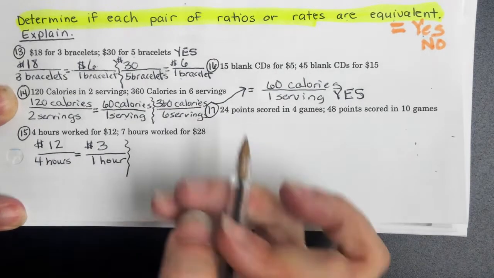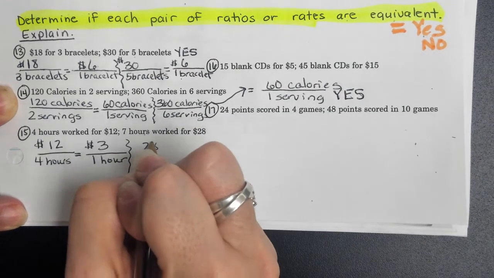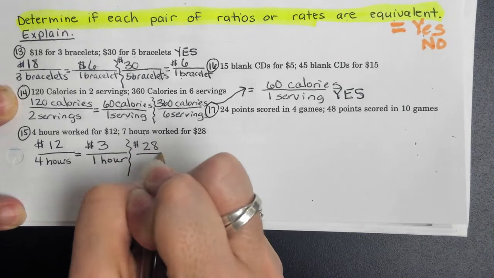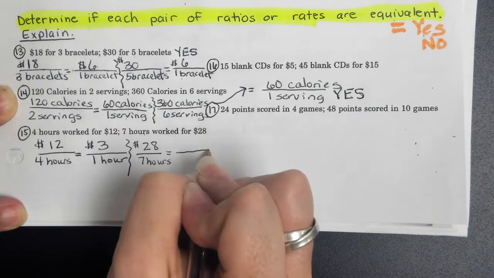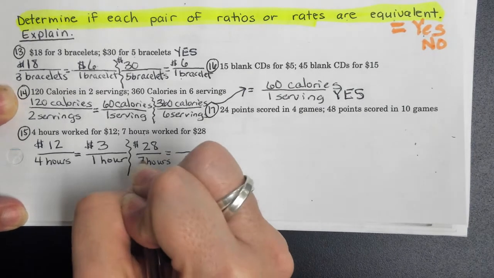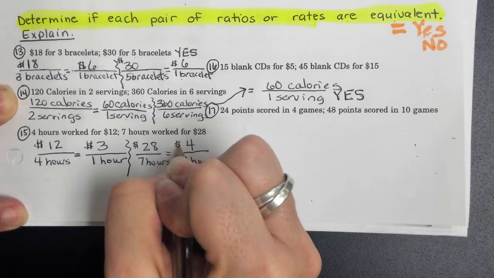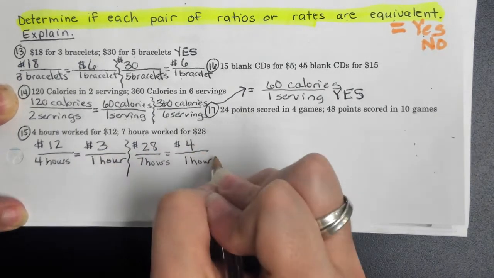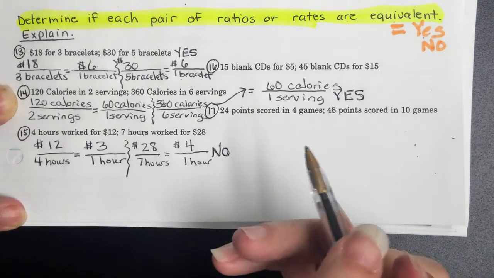Okay. Got 7 hours work for 28. So 28 divided by 7 is $4 an hour. Are they equal? No. Okay.